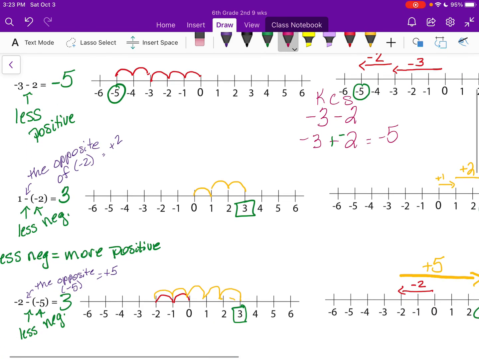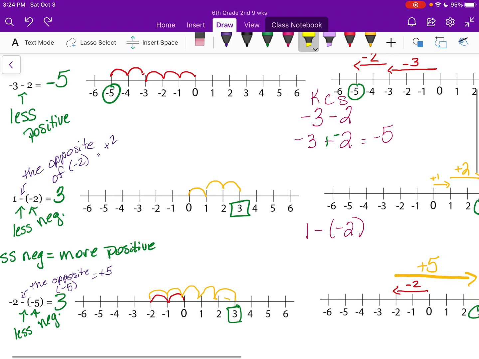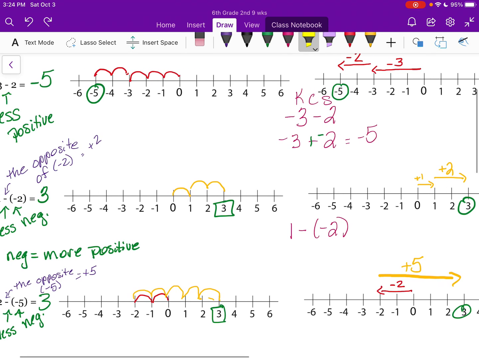Now, is it as clear when we have the minus a negative? So we have 1 minus -2. Remember, when we have these parentheses, that's just telling us that it's a -2. Okay, we talked about that in the last video as well. So we have 1 minus -2.